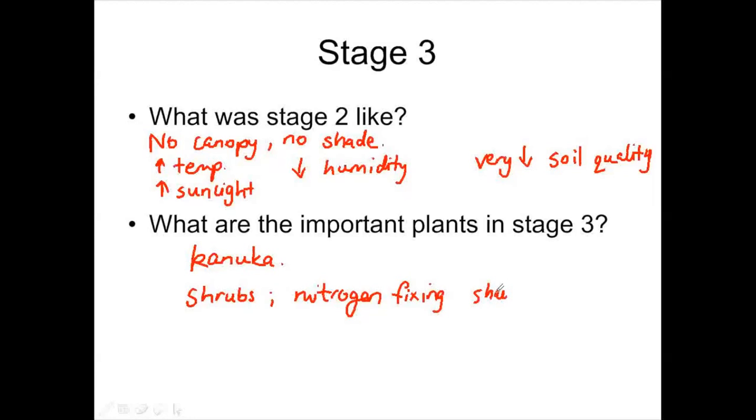These shrubs have bacteria within their roots, and these bacteria take the nitrogen in the air and convert it into nitrogen in the soil, which plants can use. As I stated before, these plants need nitrogen to grow. A lot of plants do, especially the ones which grow at stage 6 in the succession, which need a lot of nitrogen in the soil.